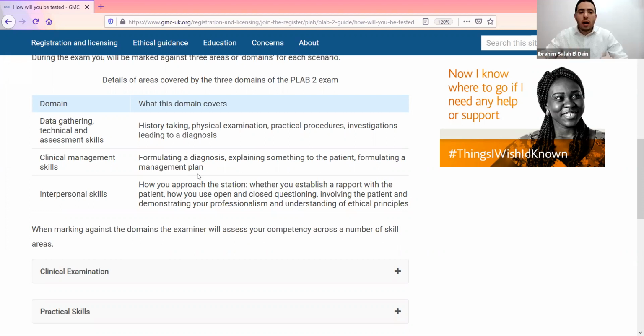You need to be as simple as possible while explaining the diagnosis to the patient. Try to minimize the usage of medical jargon. Try to explain the diagnosis, the investigation, and the management to the patient in a simple way, because he is not a doctor.